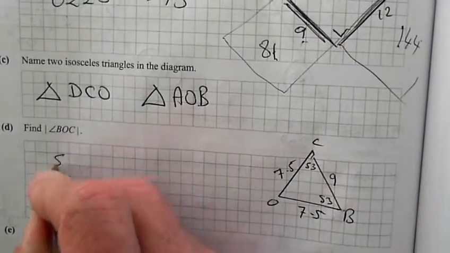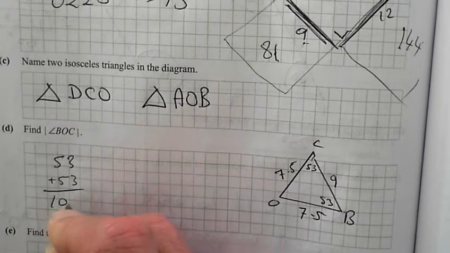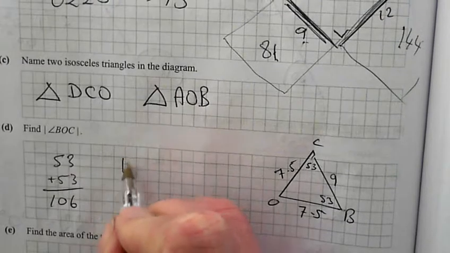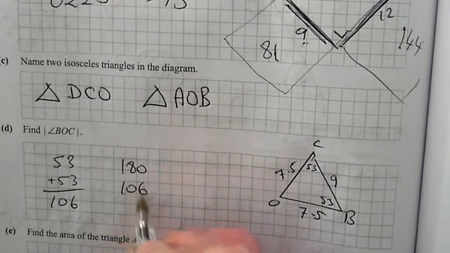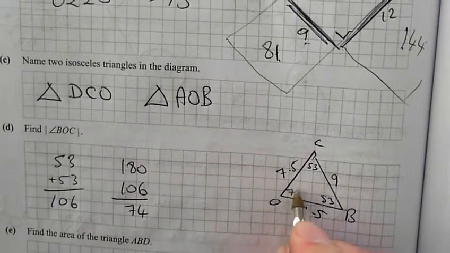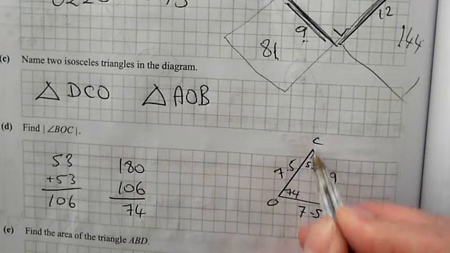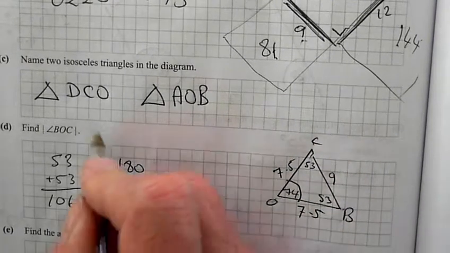So 53 plus 53 is 106. And then to find the third angle, I take that away from 180. 74. So BOC, this one here, is 74 degrees.